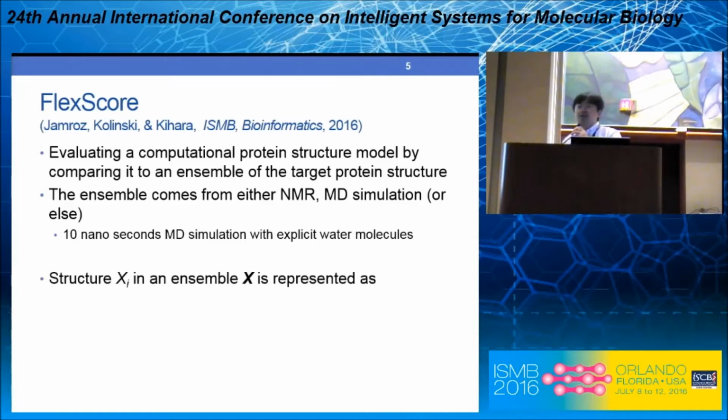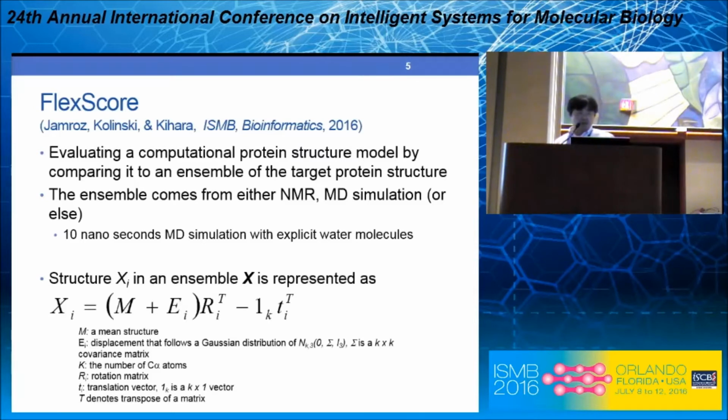Since I have the ensemble of structures X, which contains many structures, one of the structures, X of i, can be represented in this way. X of i deviates by E, the vector from the mean structure, and it should be rotated for the superimposition, and it should be shifted.